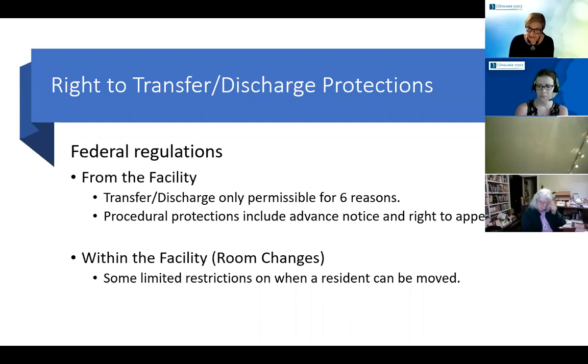So that is solely for the convenience of staff. So a resident can say, no, I'm going to refuse that. And they'd have the right to stay in their room, not be transferred, and get the care that they need where they are. So that's just an example of one right that they have related to transfers within the facility. Next slide, please.